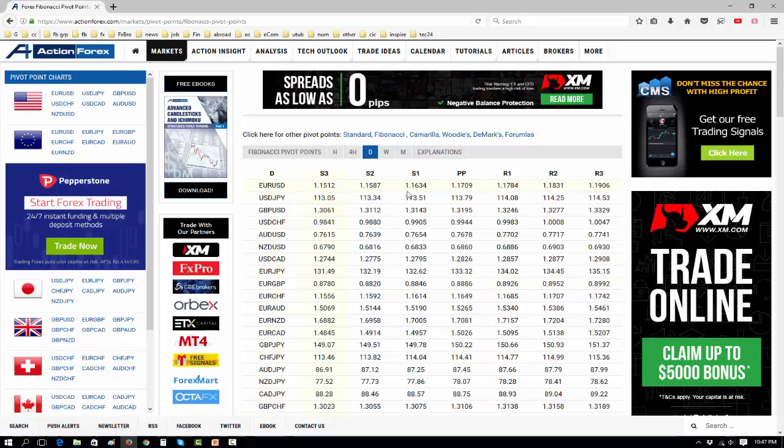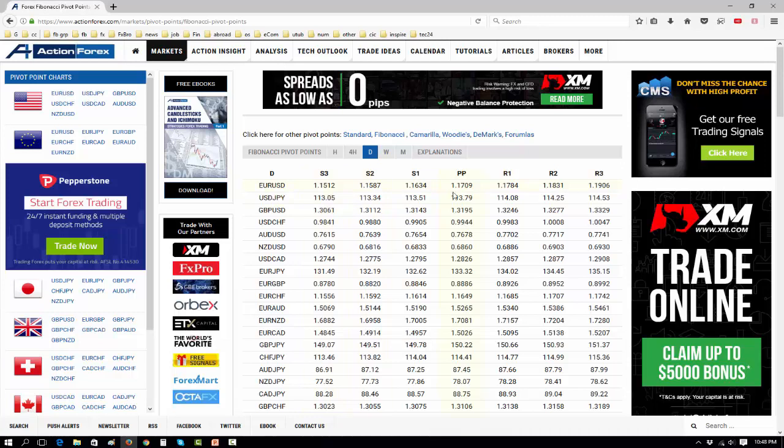Suppose today's EUR/USD pivot point level is 1.1709 and resistance 1 is 1.1784, resistance 2 is 1.1831 and final resistance 3 is 1.1906, and the support level is 1.1634, support 2 is 1.1587 and support 3 is 1.1512.